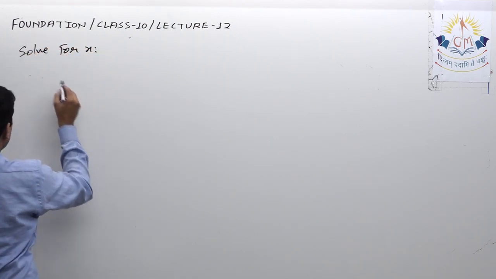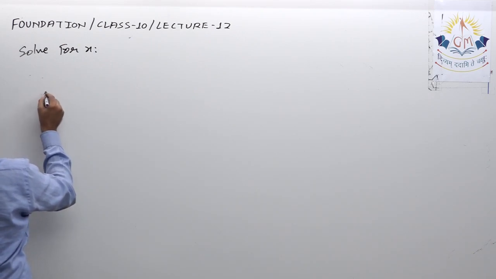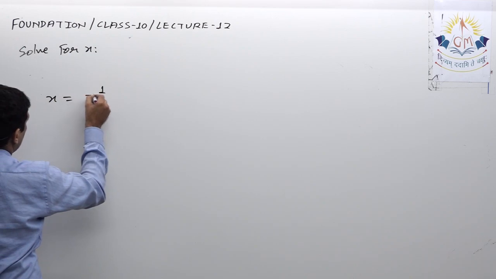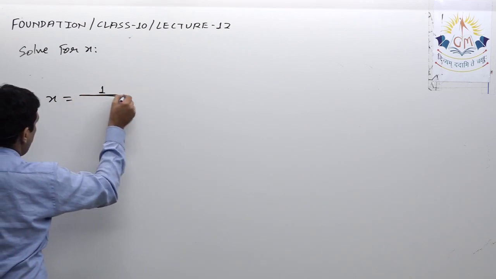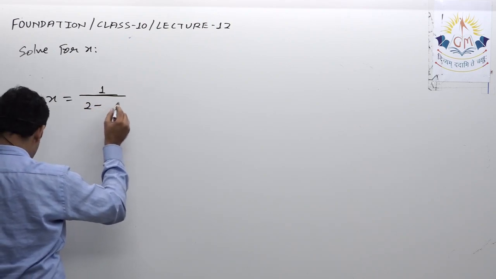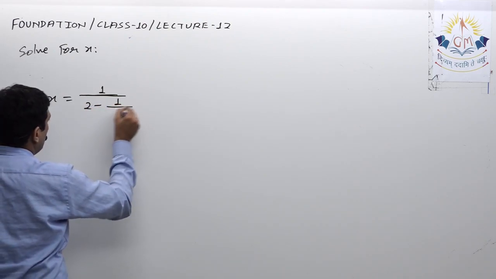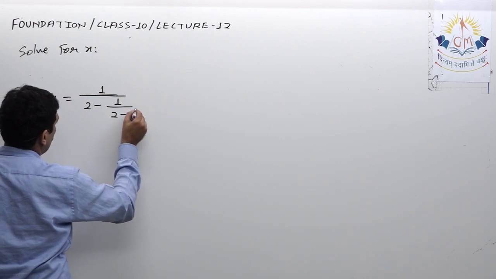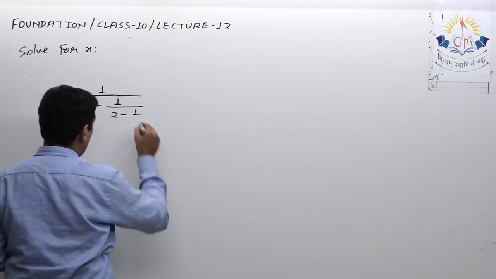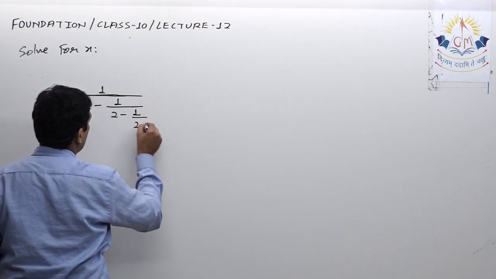The question is: x is equal to 1 upon 2 minus 1 upon 2 minus 1 upon 2 minus x.